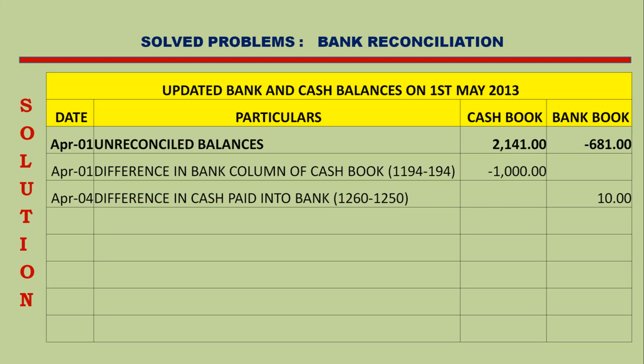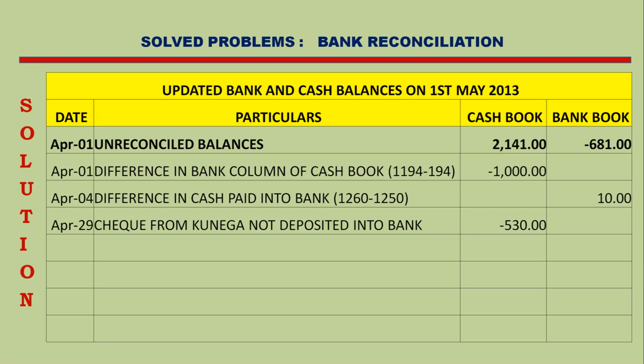bank book column. April 29, check from Kunega not deposited into bank, minus 530 in the cash book column. April 30, check number 00138 not yet debited by bank, 450 in the bank book column.